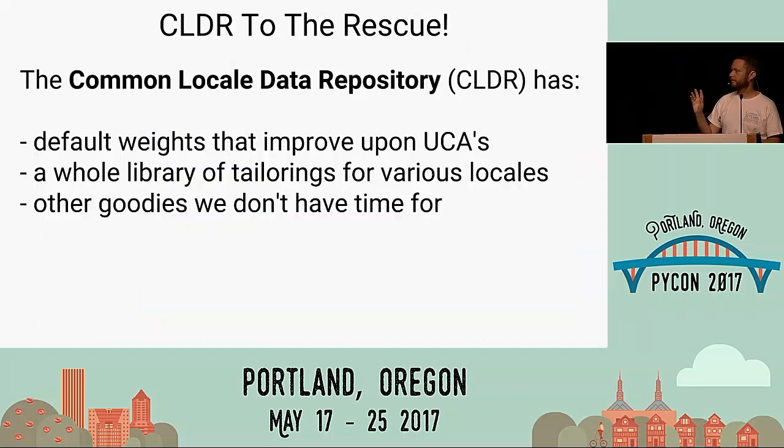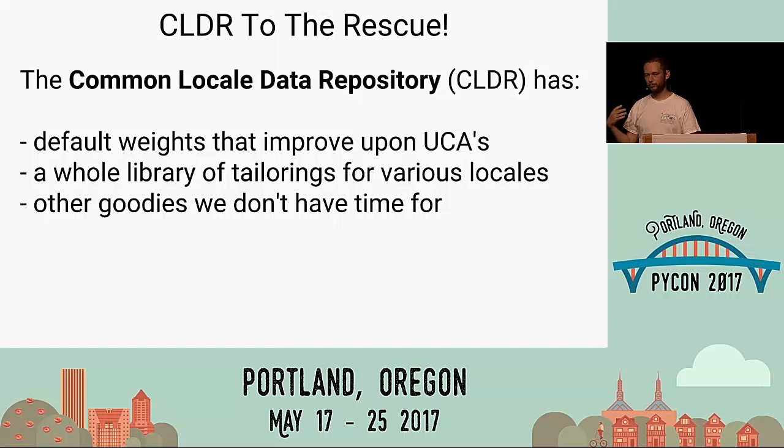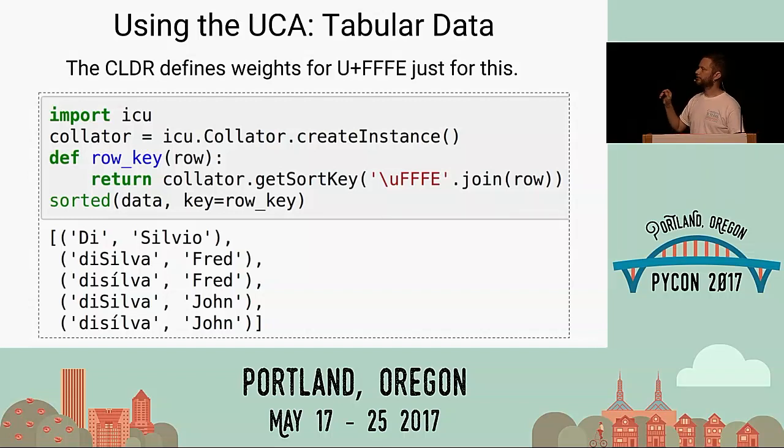So, the CLDR defines a whole bunch of stuff. If you remember, I said it's like a big database of locale data. One of the things it does is it has its own default ordering that improves on the UCA a little bit. One of the things that does is define a weight for this special code point, FFFE. This is a non-character code point. It shouldn't ever occur in text.